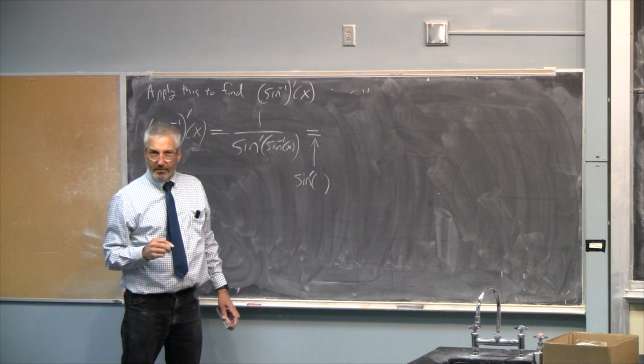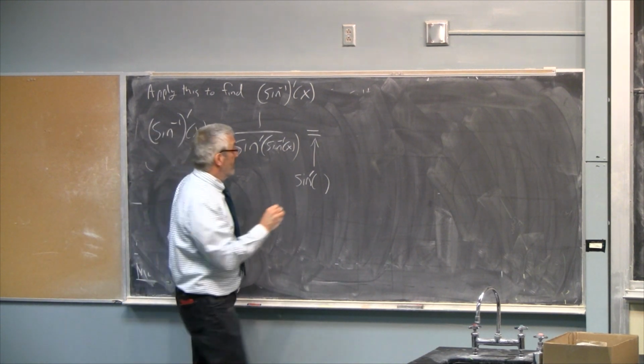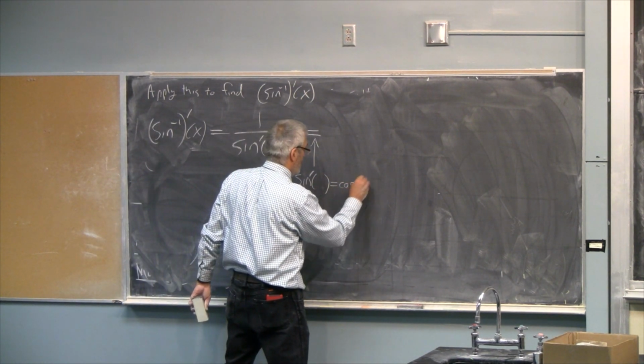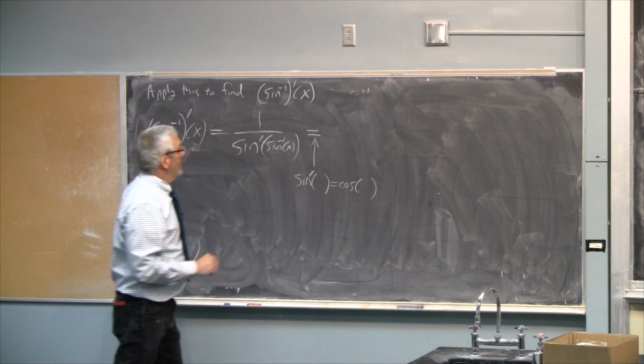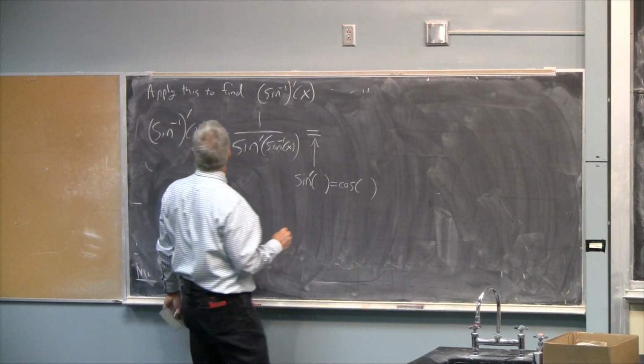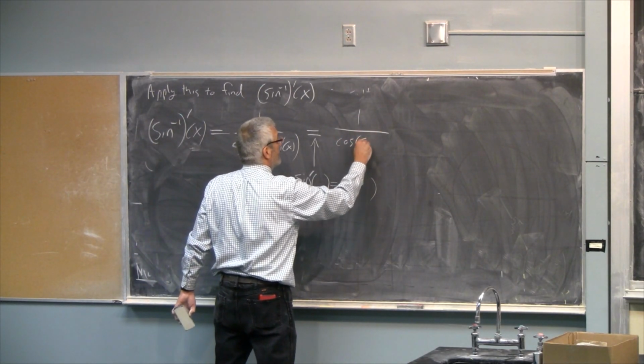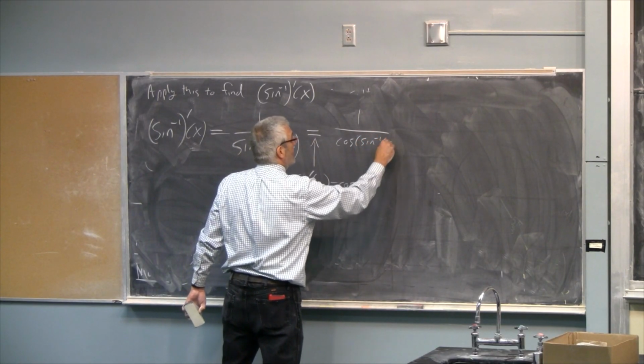What's the derivative of sine parentheses? Cosine parentheses. We're dealing with an outer function that's empty. So what we need to do is 1 over cosine of sine inverse of x.